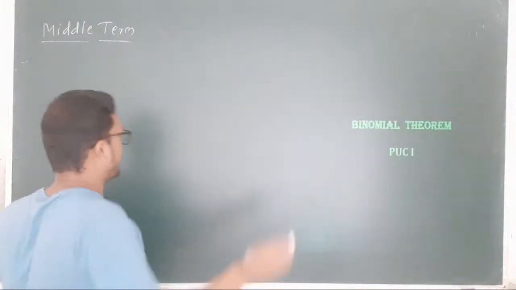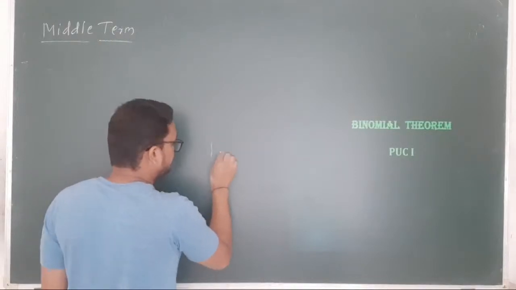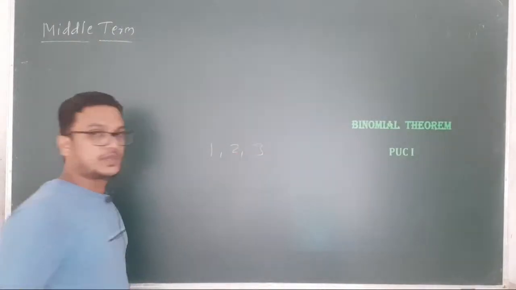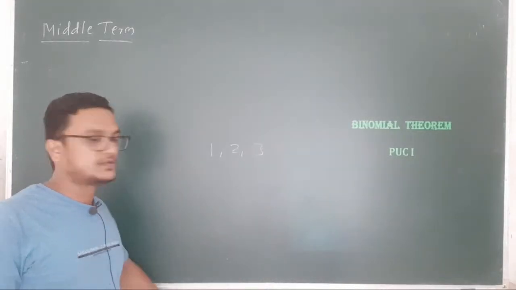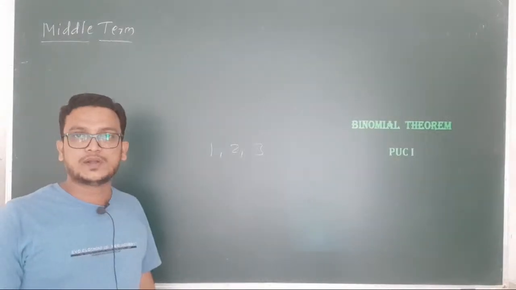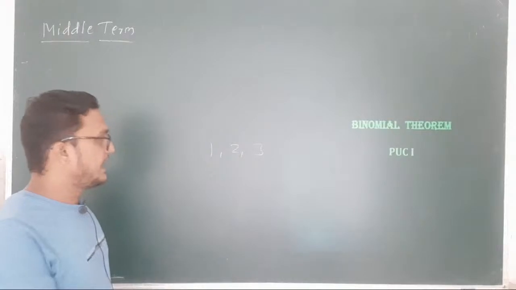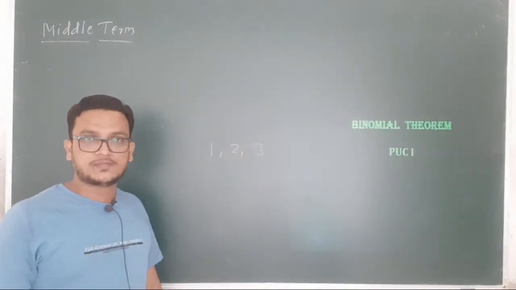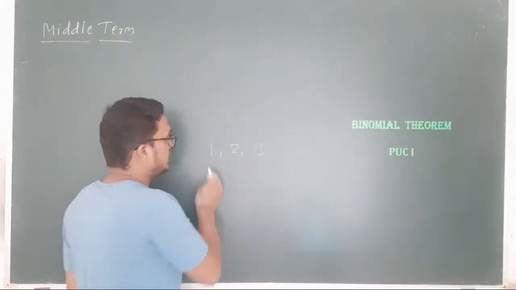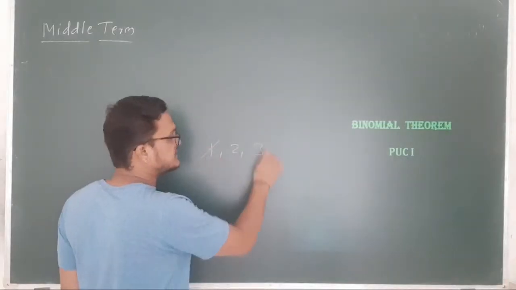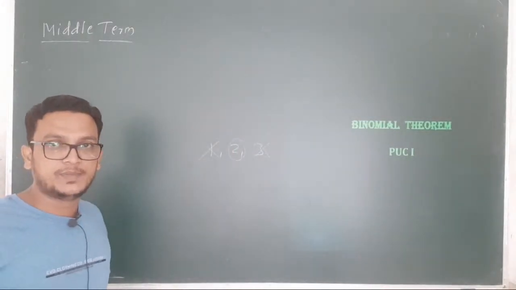Now see, for simple examples: here how many numbers are there? 3 numbers, that is 1, 2, 3. I want the middle term of these 3 numbers. You will skip this, you will skip this. So 2 will be the middle term, correct?